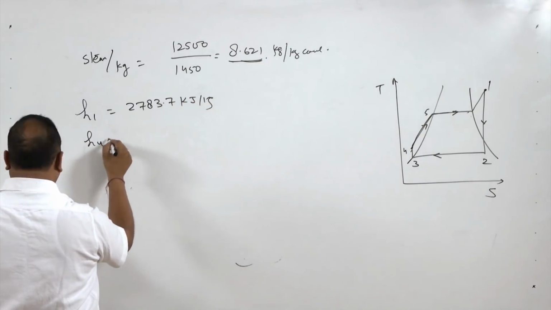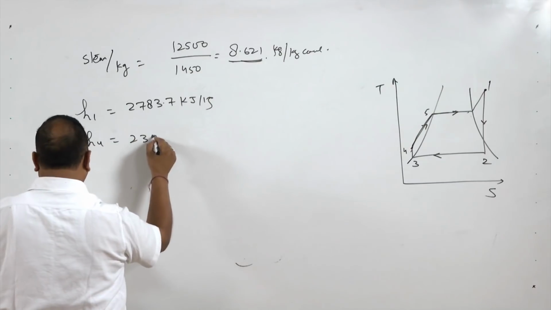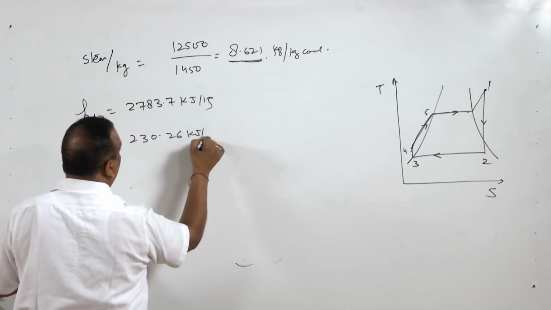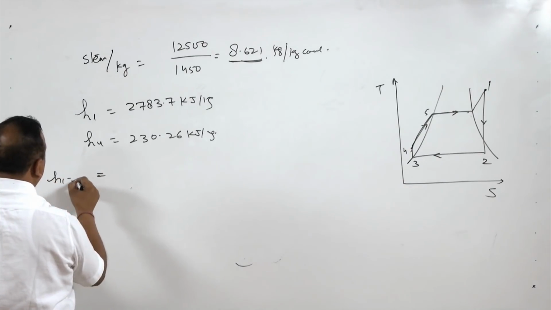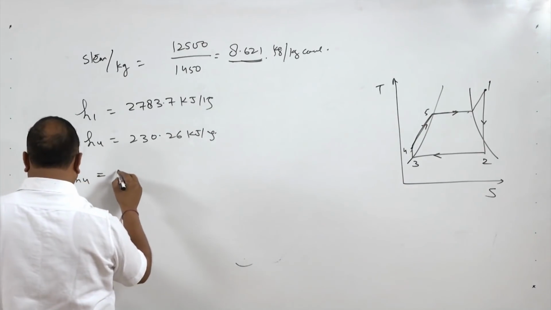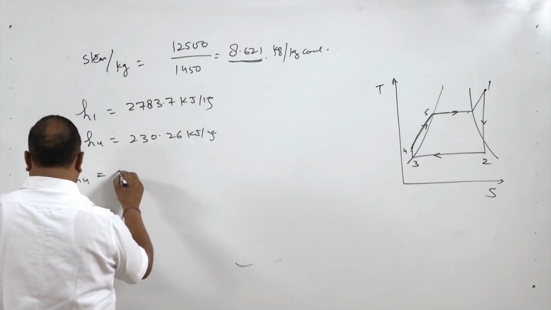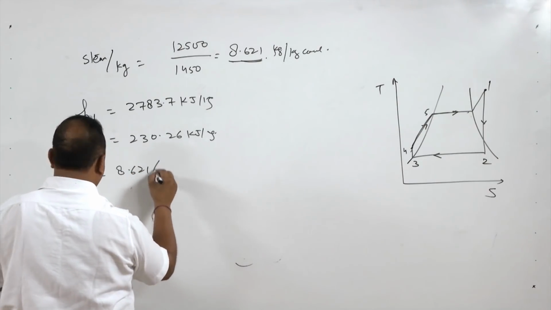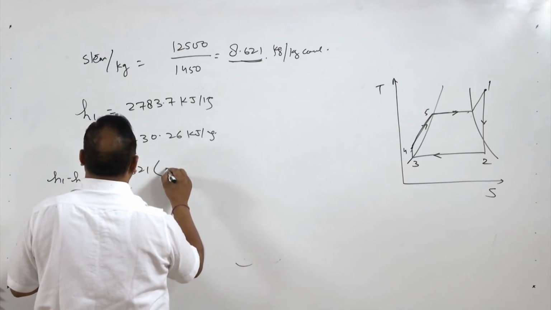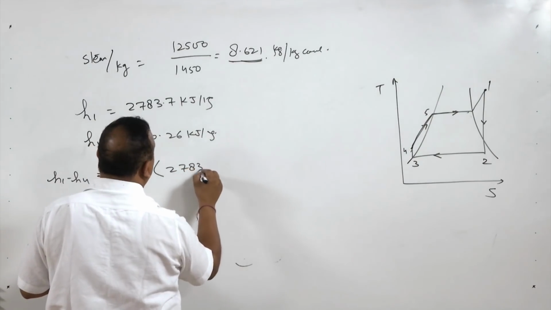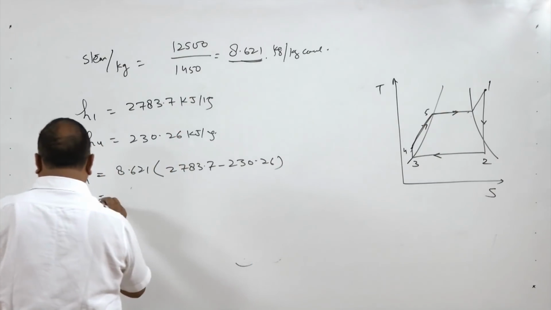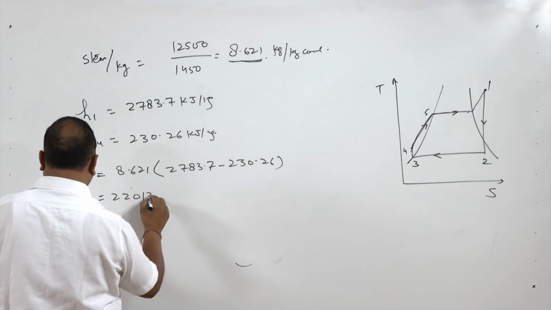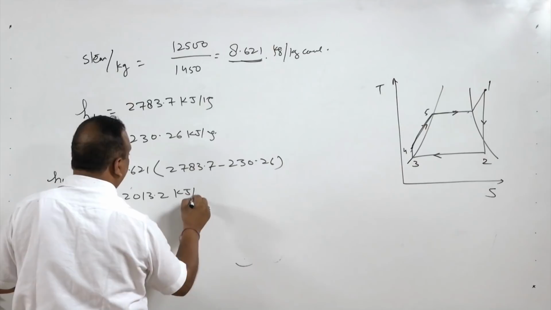H4 can be calculated from the steam table: 230.26 kilojoules per kg. And this heat supplied, H1 minus H4, is going to be 8.621 multiplied by 2783.7 minus 230.26, and that is going to be 22013.2 kilojoules.